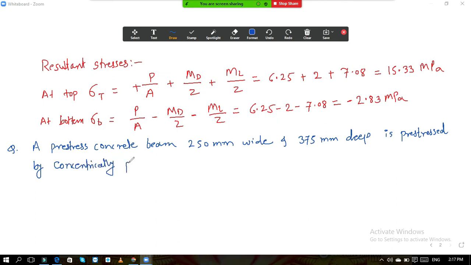Concentrically placed. Concentrically means eccentricity is zero. Okay, that is the meaning of concentric. Concentrically placed tendon.